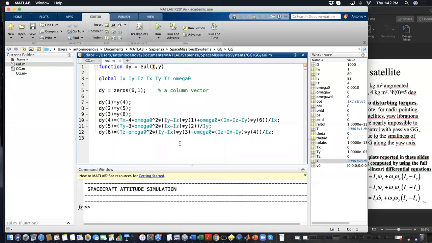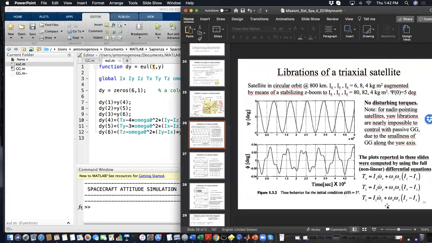In the book, the same example is done by using the full non-linear differential equations. There is a big difference, because when we deal with small angles, the two results will be identical. But when the system is not stable and diverges, the non-linear equation will be accurate and will show you what the response of your system actually is.